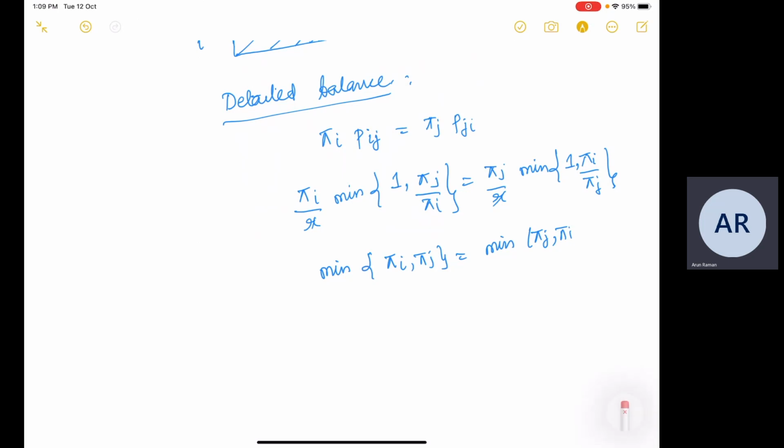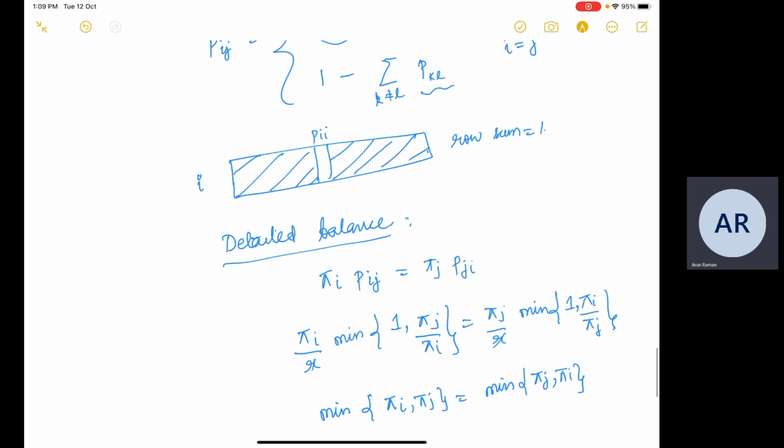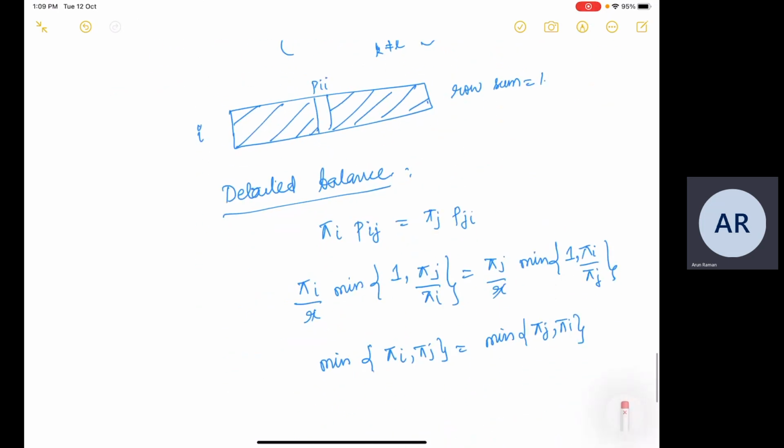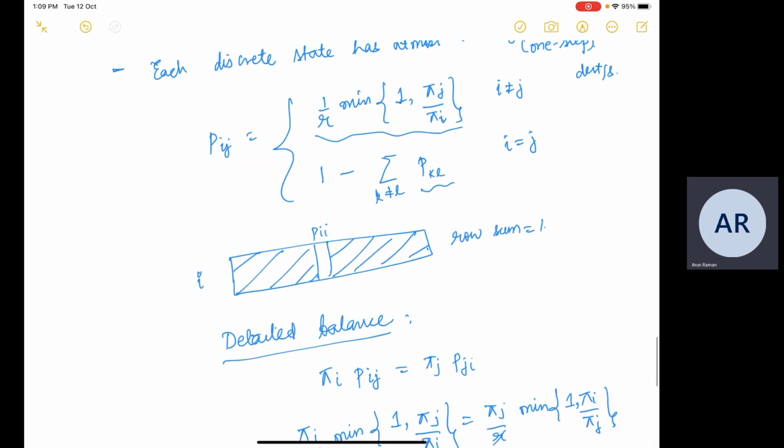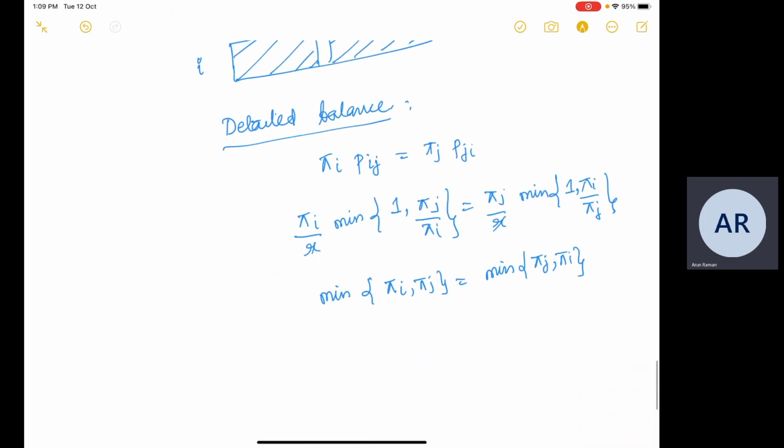Okay, so what we want to say with this calculation is that the Pij defined as here satisfy the detailed balance equations. Okay, so because they satisfy the detailed balance equation, it implies that the pi i's here are indeed the stationary distribution.